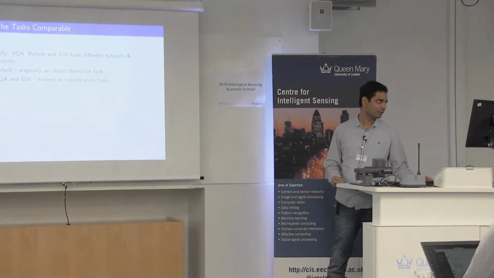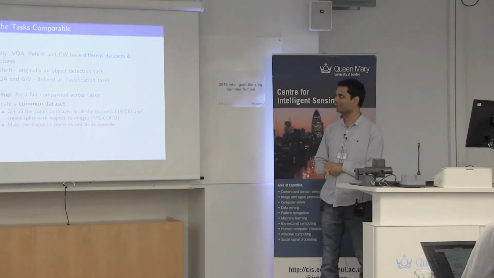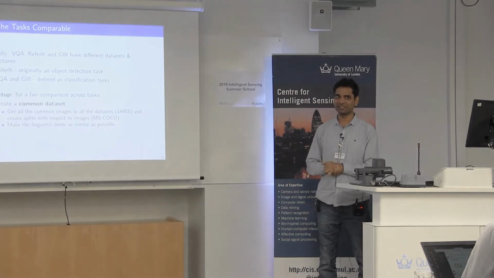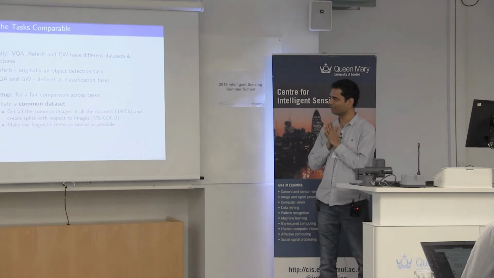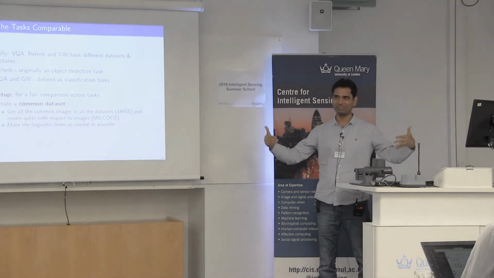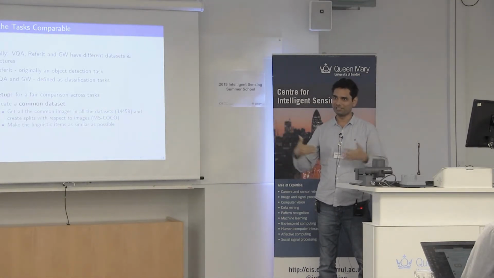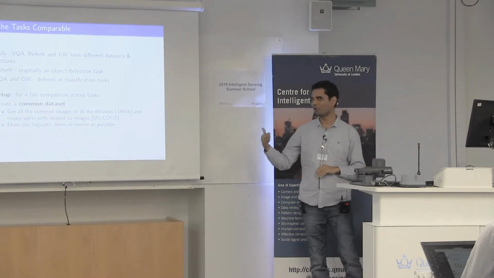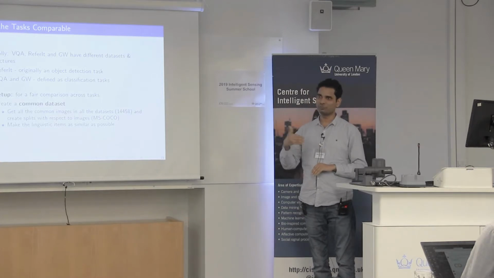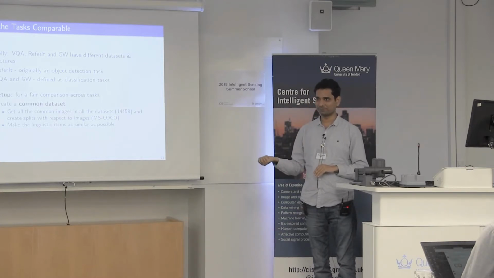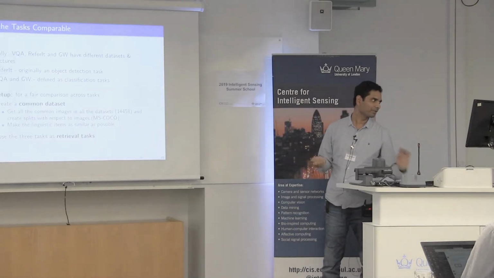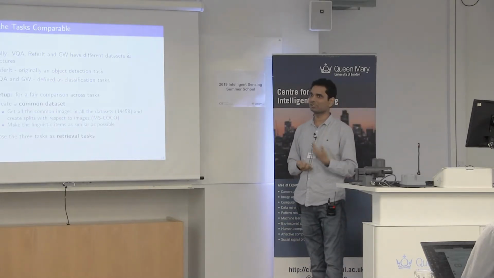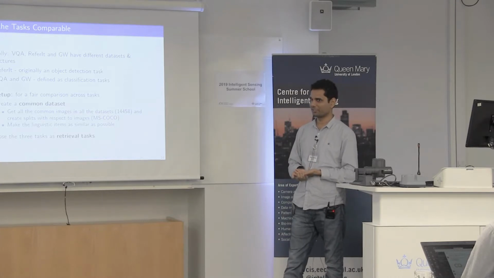Okay. So the first thing one can do is create a common dataset as much as possible. Just take all the images common to all the datasets, so that at least one modality is the same in all datasets, and try to make all the linguistic items as similar as possible. Then we pose all these three tasks as retrieval tasks.